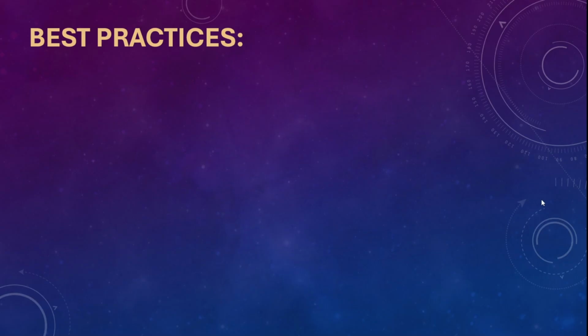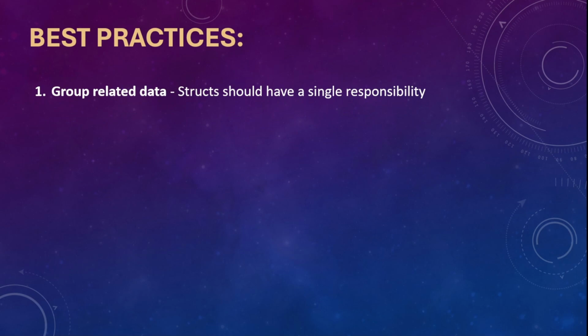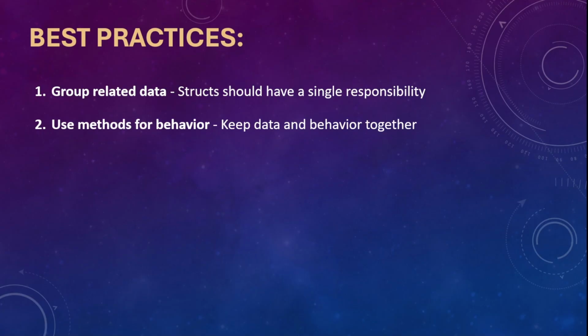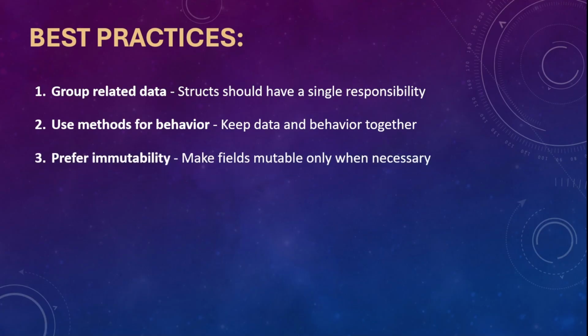Let's summarize the important best practices associated with struct usage. First is that group your related data and follow the single responsibility principle in your structs, and use the methods for the behavior aspect on your instances. Keep data and behavior together and prefer the immutability when you want your fields to be readable.